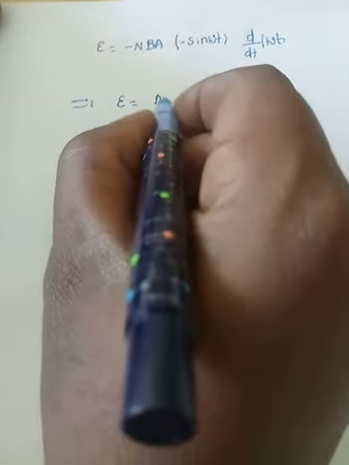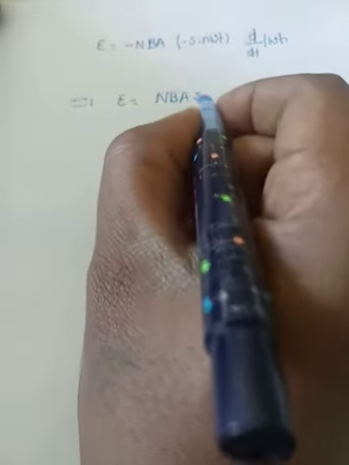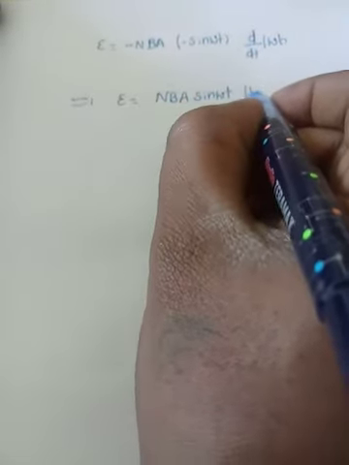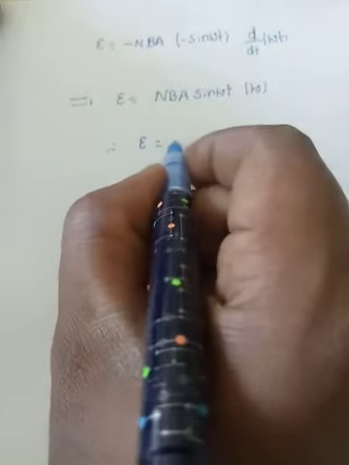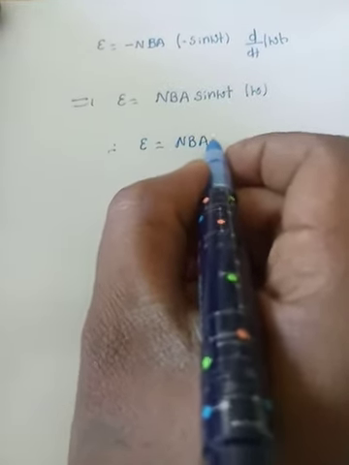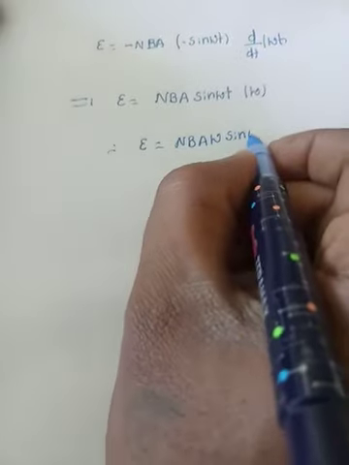If we differentiate, minus N B A times d by dt of cos omega t, which is minus sin omega t into d by dt of omega t. From this, E equals minus into minus plus N B A sin omega t into omega. Therefore, E equals N B A omega sin omega t.